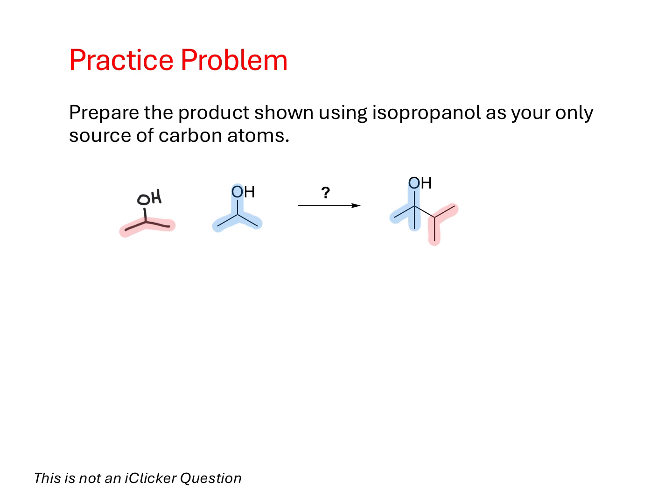And we see that we are forming a new carbon-carbon bond. So to form that bond, effectively I need one of those isopropanol carbons to be an electrophile. So let's say I'll try to make this one the electrophile. I need the other one to be a nucleophile.